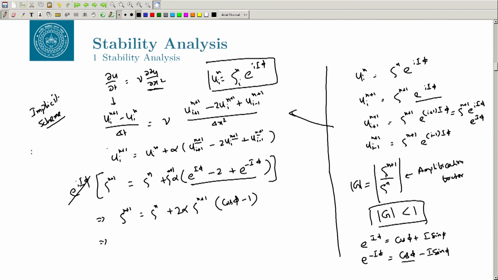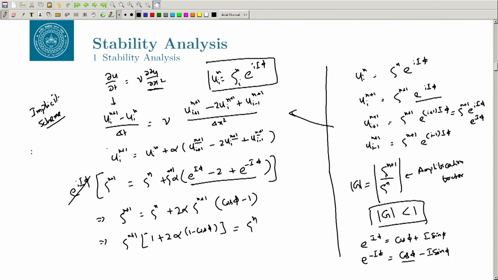And then you can collect all of the zeta n plus 1 terms together, that will become 1 minus 2 alpha, okay, and let us write it like this, 1 plus 2 alpha times 1 minus cos phi, right, will be zeta to the power n, right.